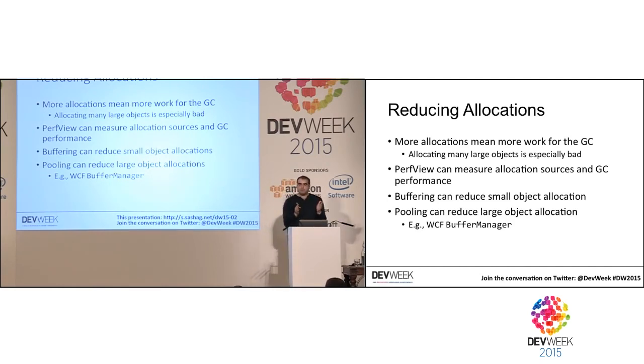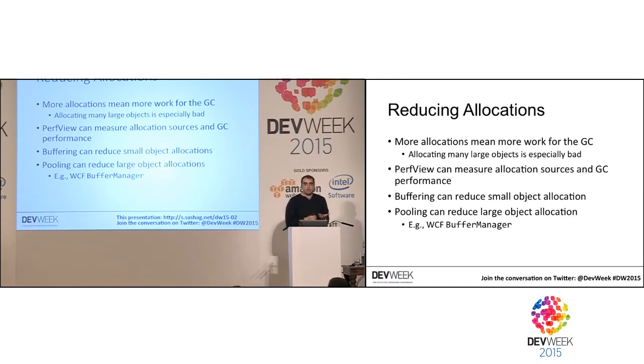It takes large buffers used for serialization and for sending out messages, receiving messages, and it doesn't give them back to the GC. It keeps them in a nice little pool, and whenever a buffer is required, it just gives you a buffer from the pool. It's obviously quite simple to implement yourself, but the one that WCF is using is not exposed. It's internal.